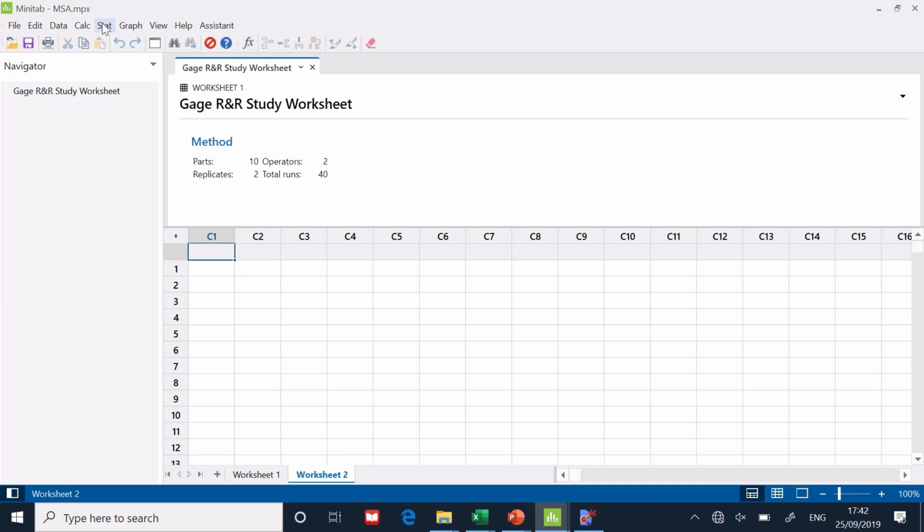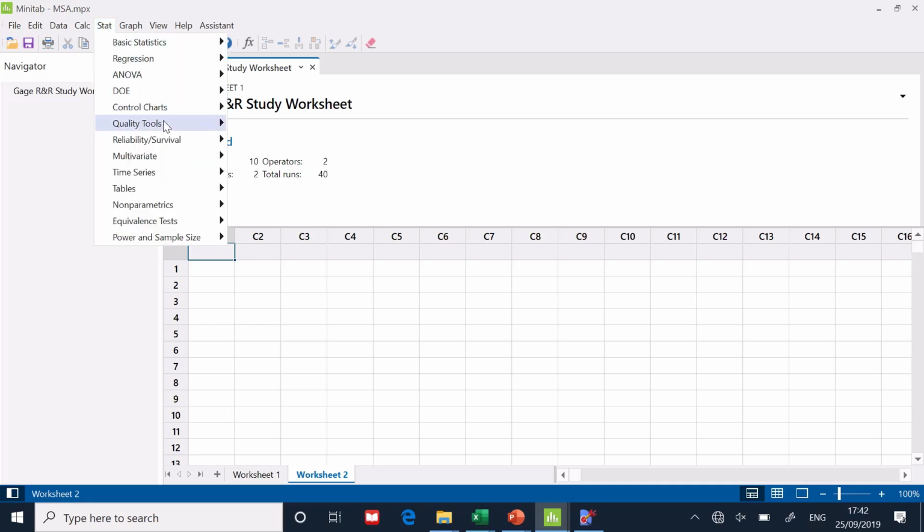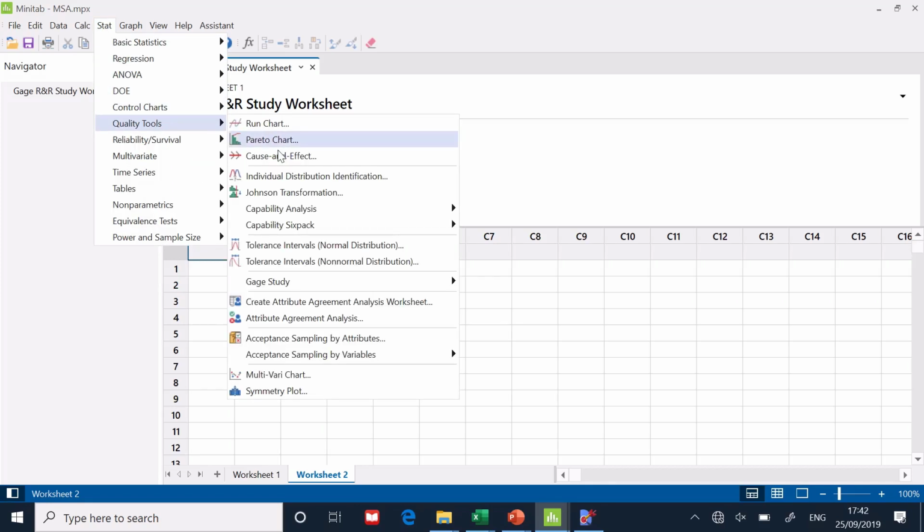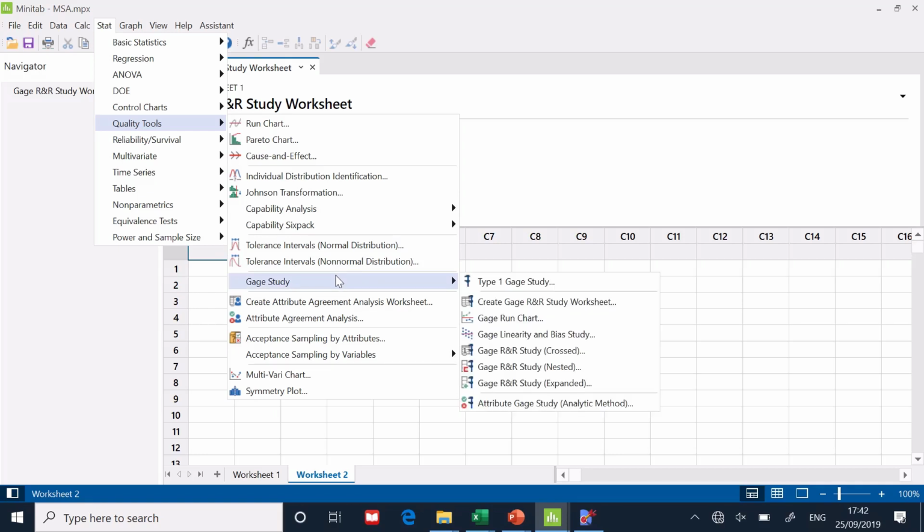So we're going to go Stat, Quality Tools, Gauge Study, and it says Create Gauge Study Worksheet. Now the one we're doing is crossed. This is for non-destructive testing, but the first thing I've got to do is set up this worksheet.